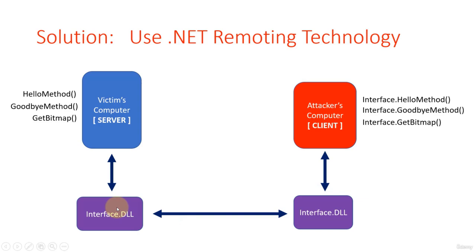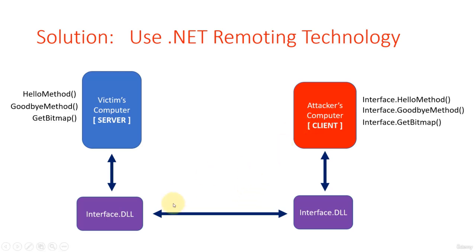And the same interface DLL will also reside on the attacker's client computer. So you have the interface DLL on the attacker's client computer, and you will have the same interface DLL on the victim's computer, and the interface DLL will take care of the communications. So you just focus on what you want to do with your RAT. That's it. So easy and so efficient.